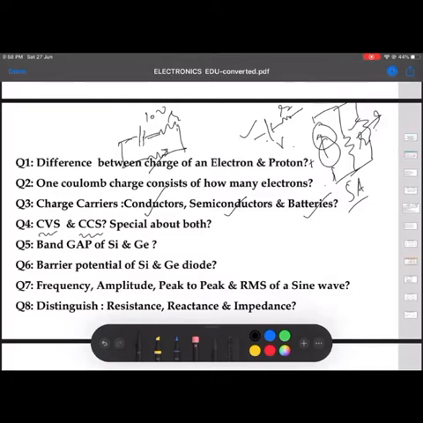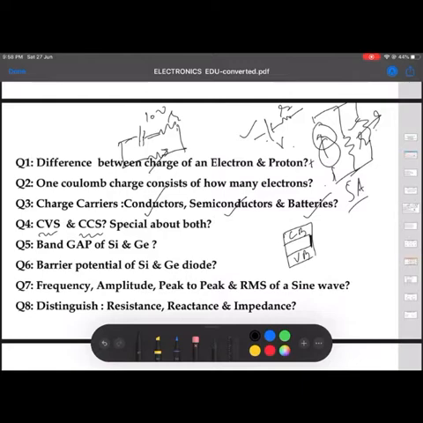Now, one misconception which is always there is about the band gap of silicon and germanium. When we define a semiconductor, it has one valence band and one conduction band, and this is called the forbidden band or forbidden gap.